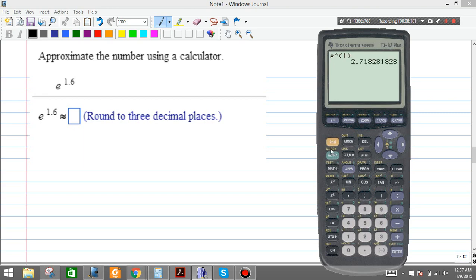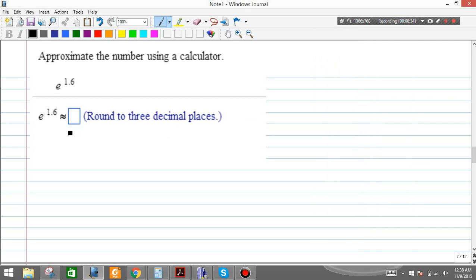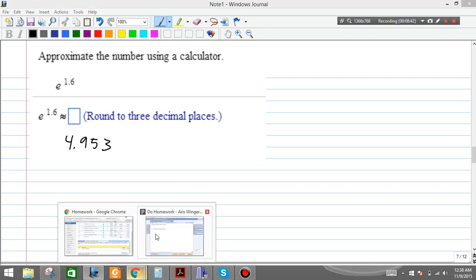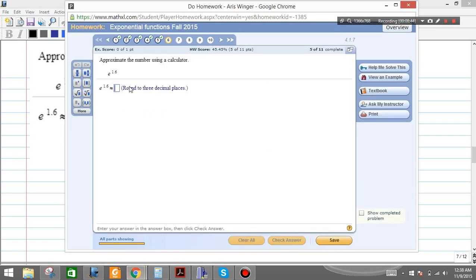And if they ask for any other exponent, you just put that in. e to the 1.6, close parentheses, 3 decimal places, 4.953. Then we'll put that in here, 4.953.